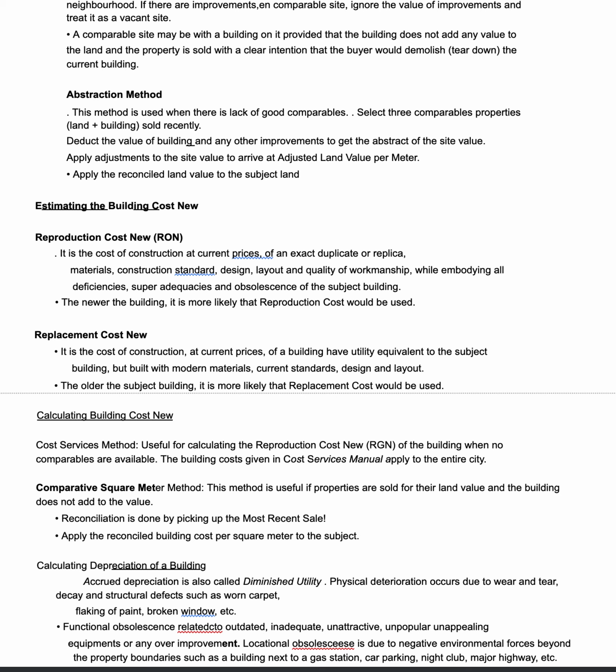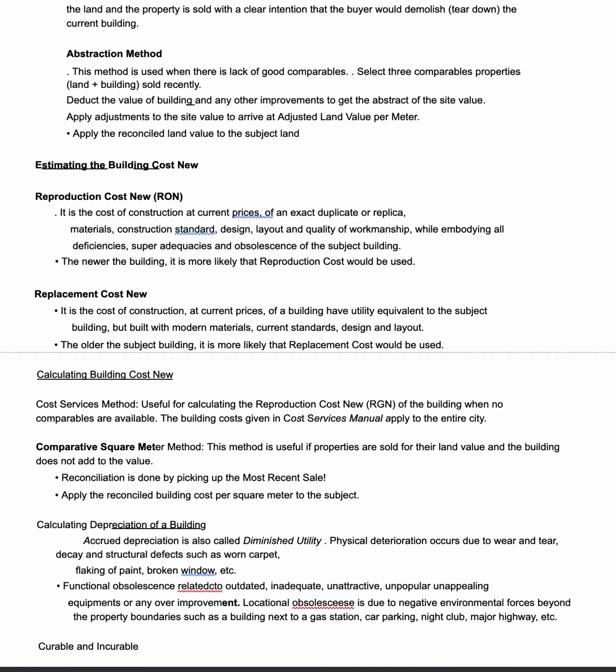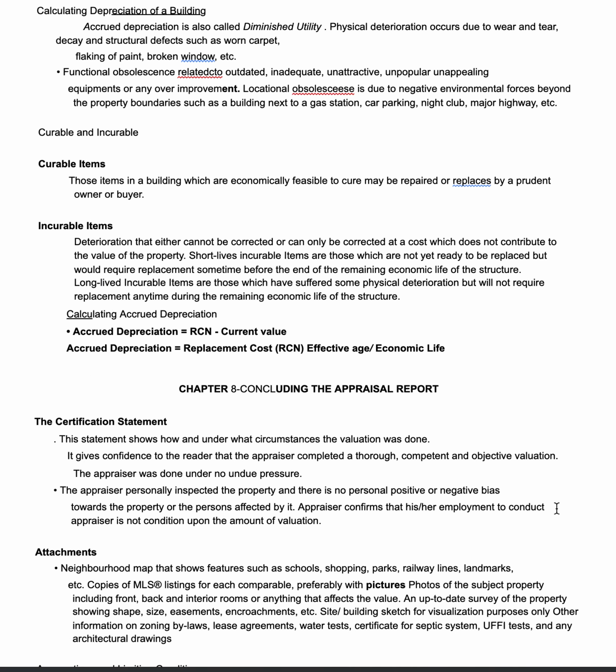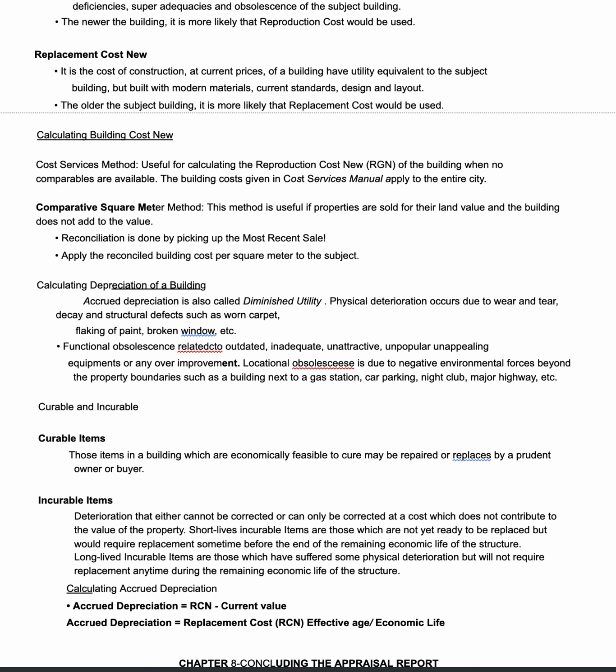Calculating the depreciation of the building, it can be physical. So, accrued depreciation. The accrued depreciation is the loss of value measured as the rate of appraisal, indicating the difference between the reproduction cost new or the replacement cost new of the improvements and the present worth of those improvements.